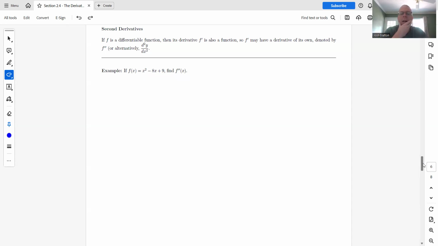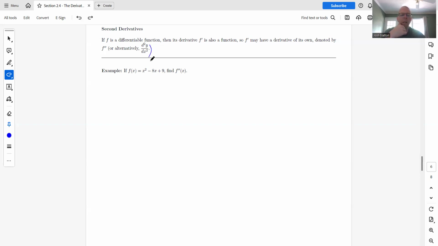We had a quadratic function earlier, and we took the derivative. The derivative was a linear function. We found the derivative of a linear function because we did that as well. So when you take the derivative of a derivative, we call that the second derivative, and it's denoted with two primes since it's a second derivative. We call this f double prime.